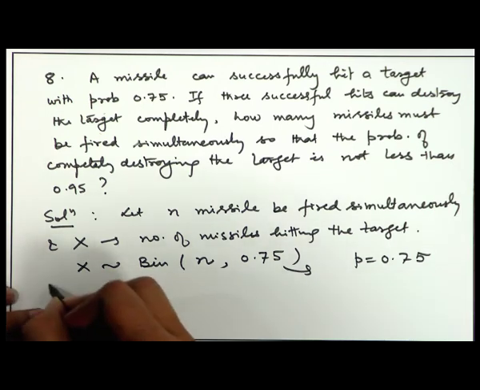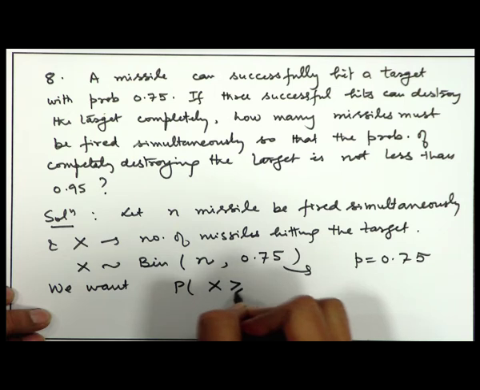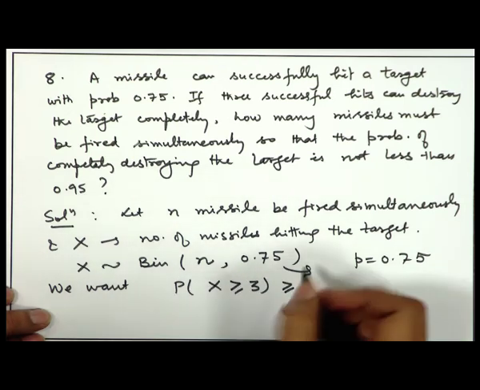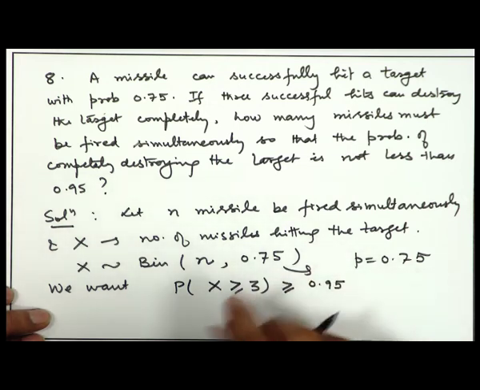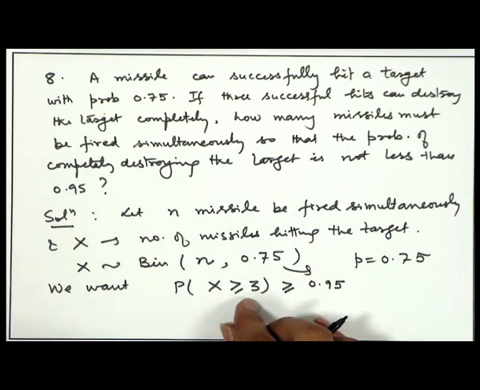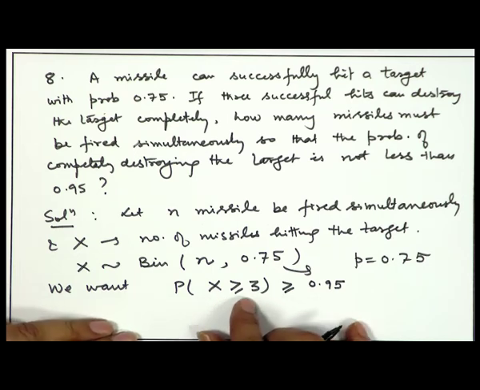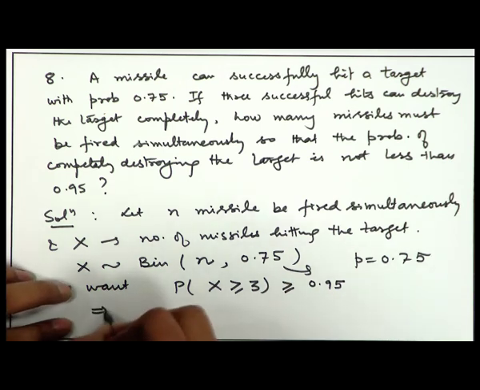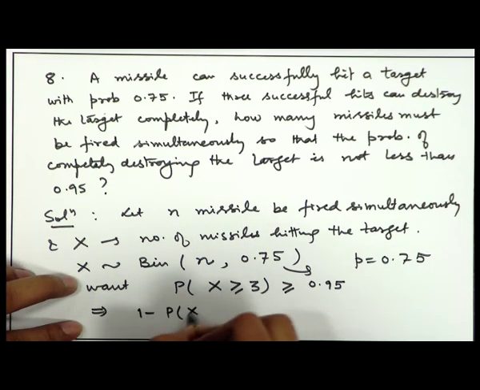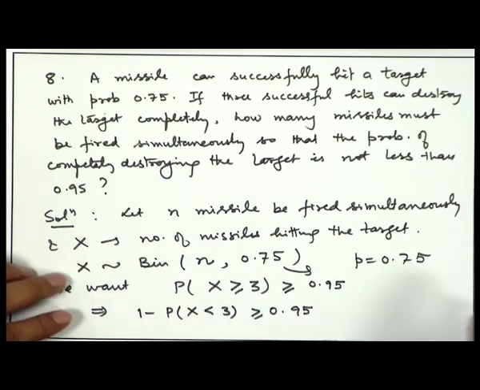Now, we want the probability that x is greater than or equal to 3 to be greater than or equal to 0.95, because if 3 or more hits are correct, then the target is destroyed. So, this we can easily calculate. This we can write as 1 minus probability x less than 3 greater than or equal to 0.95.